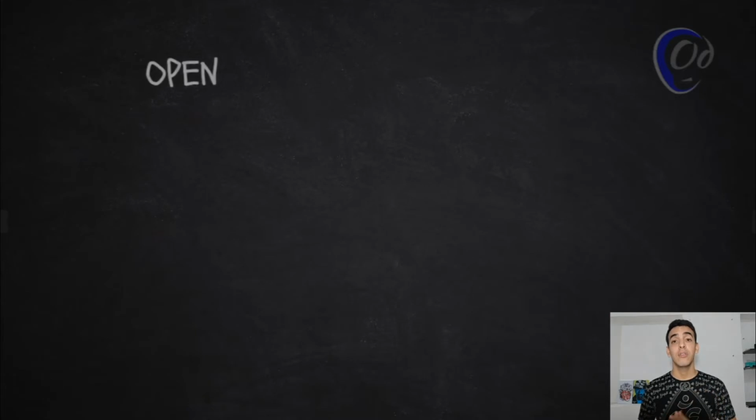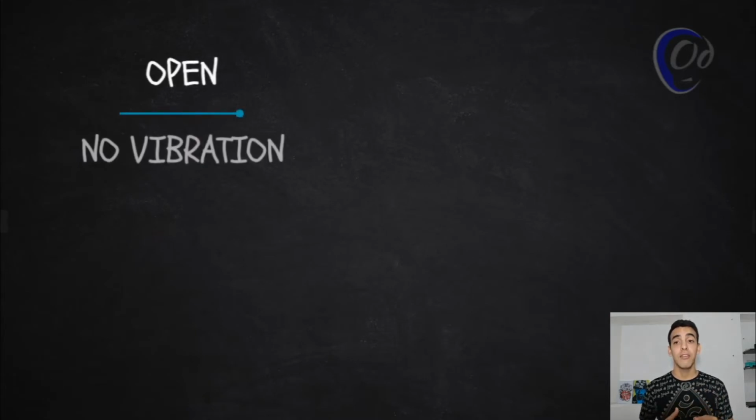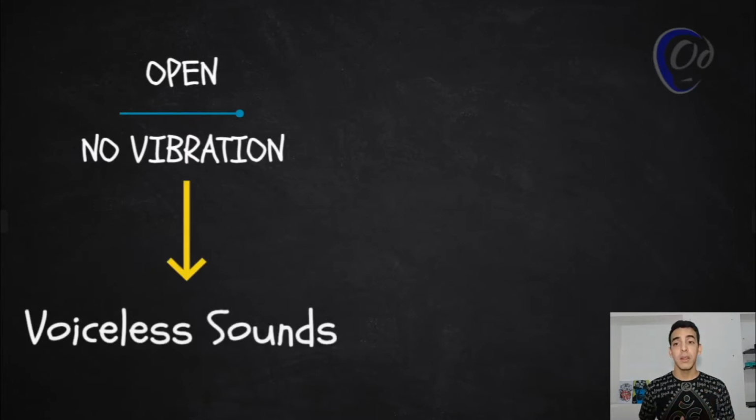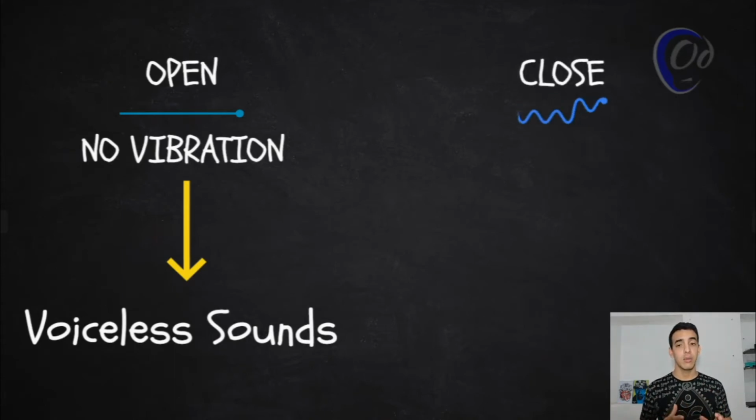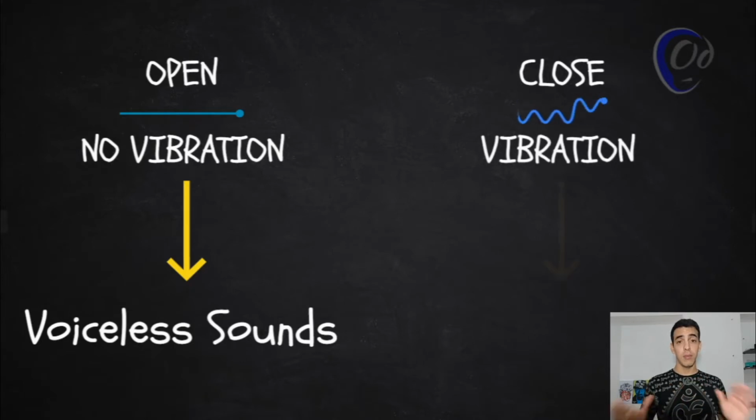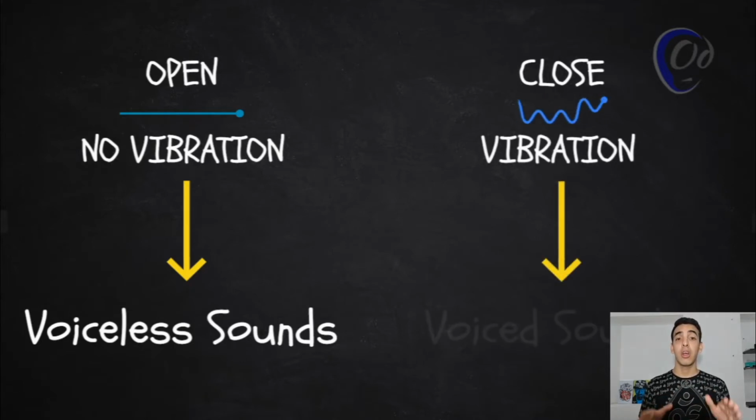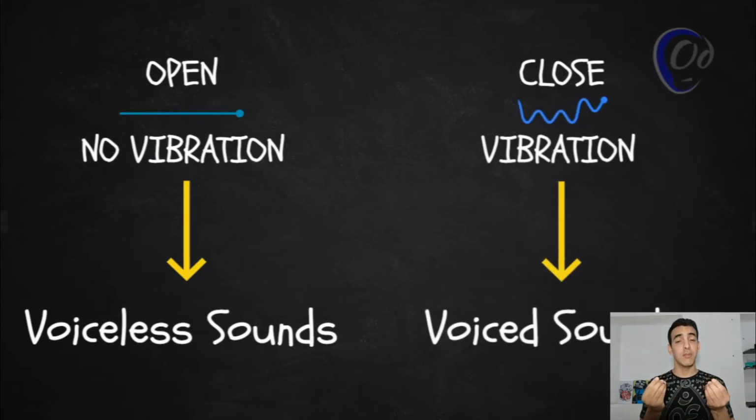What is voice of articulation? It is one of the ways we are going to classify our sounds. When the vocal folds are open, they don't vibrate, so they produce voiceless sounds. What are voiceless sounds? The sounds that do not vibrate. And when they are closed, they produce this vibration, and these sounds produced with vibration are called voiced sounds.